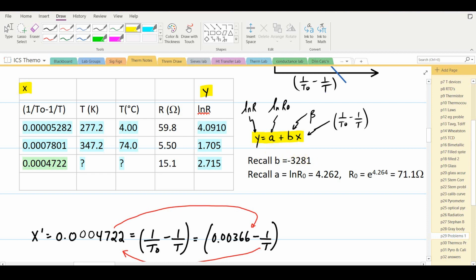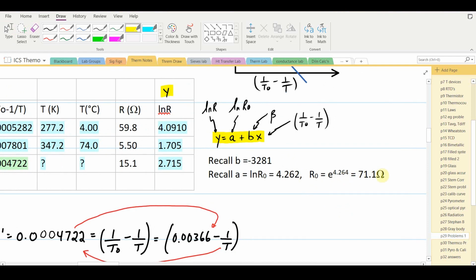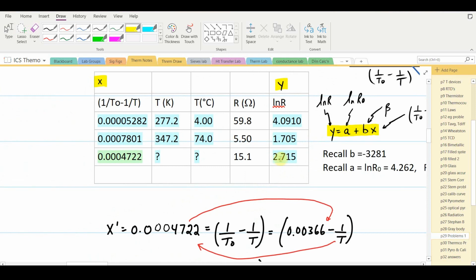And when you recall A, that'll be the ln of R, which is 4.262. You'll want the anti-ln, which is 71.1 ohms. Now you can enter a value of 2.715 and go second function recall x prime to get an x value of 0.04722, from which you have to calculate the temperature in degrees Celsius.